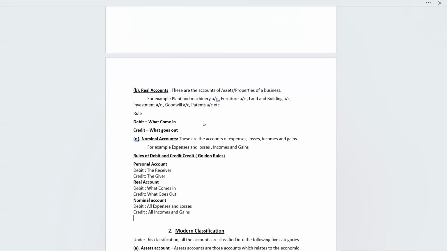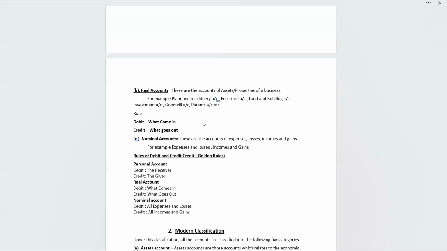Next one, nominal account. Third one, nominal account. These are the accounts of expenses, losses, incomes, and gains. So incomes related, expenses related, losses related, gains related, you are applying the nominal account. Which rule?